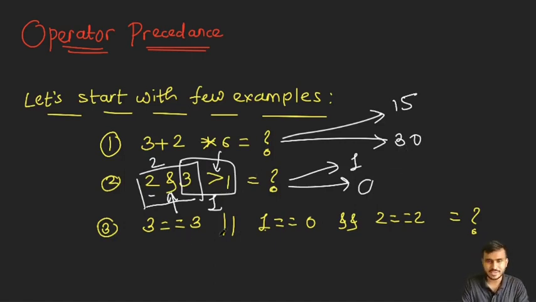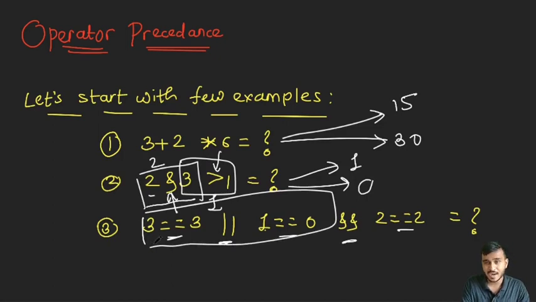In this case we have multiple operators. We have the equal to operator, then the logical or operator, then again the equal to operator, then the and operator, then again the equal to operator. Let's assume that this expression executes like this. Let's say this part evaluates first.